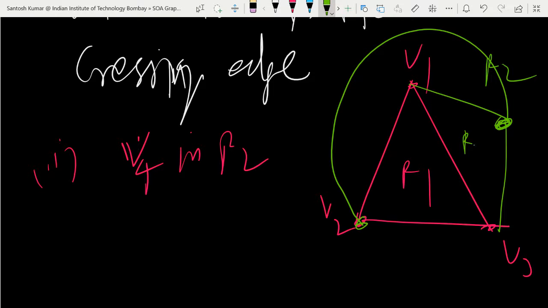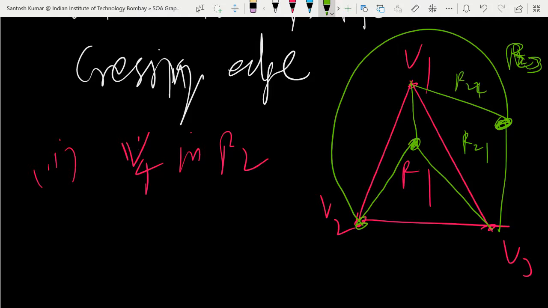So this region r2 will convert into r21, r22, and the outside one will be our r23. So r2 is divided into three more regions. Now again the problem is where you want to place v5. Wherever you decide, anywhere you take, the same problem will arise. Suppose you take here. Now the problem is how will you join this v5 to this v4?